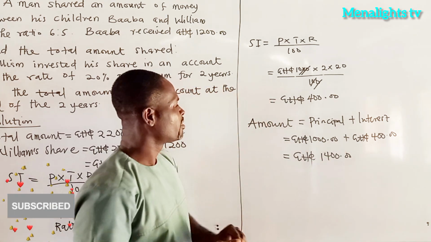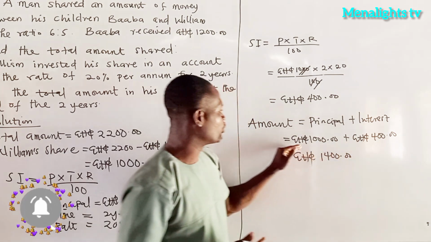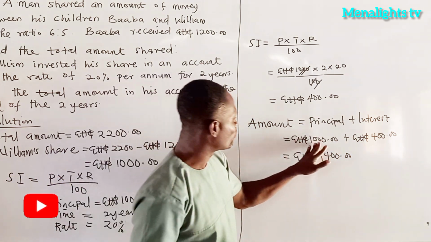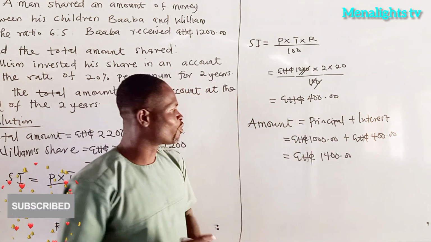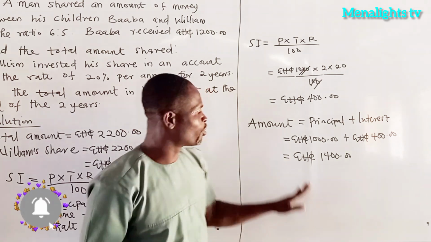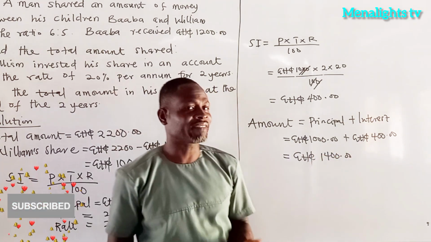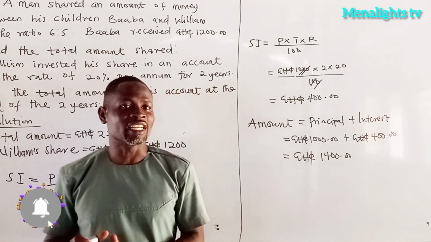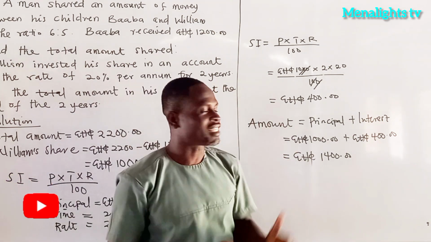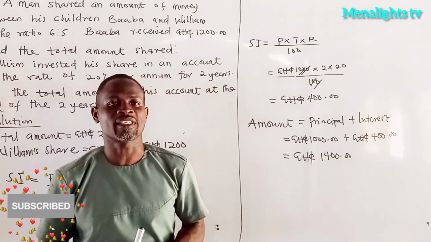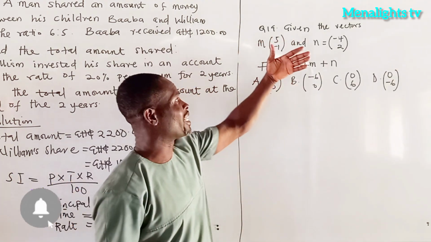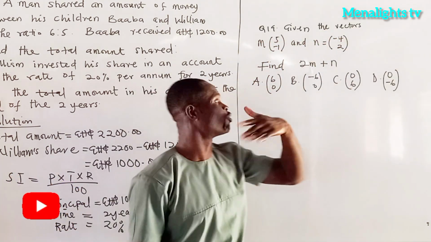So when we add 400 cedis to the principal, which is 1,000 cedis, we are going to get 1,400. So this 1,400 cedis is the amount that William will get after investing 1,000 cedis for 2 years at the rate of 20%.